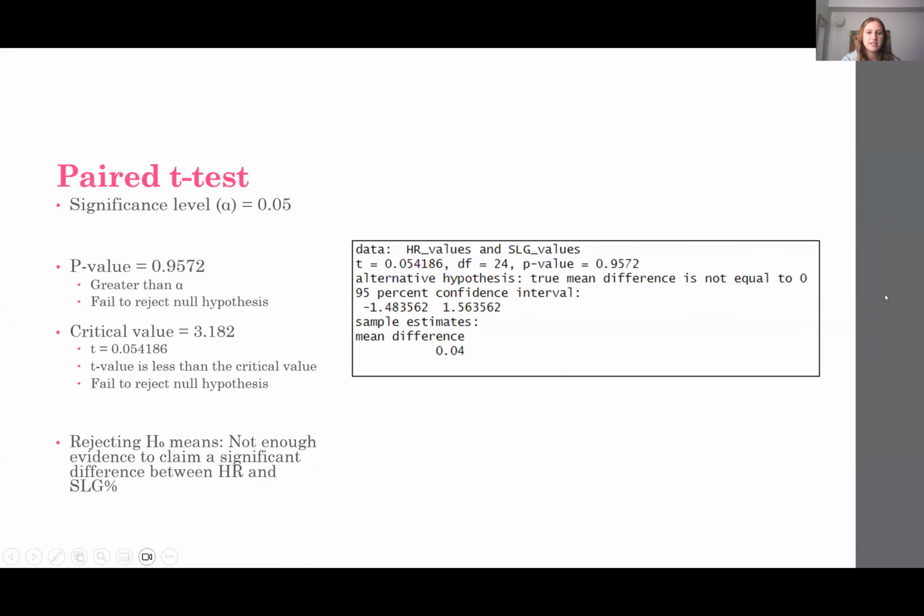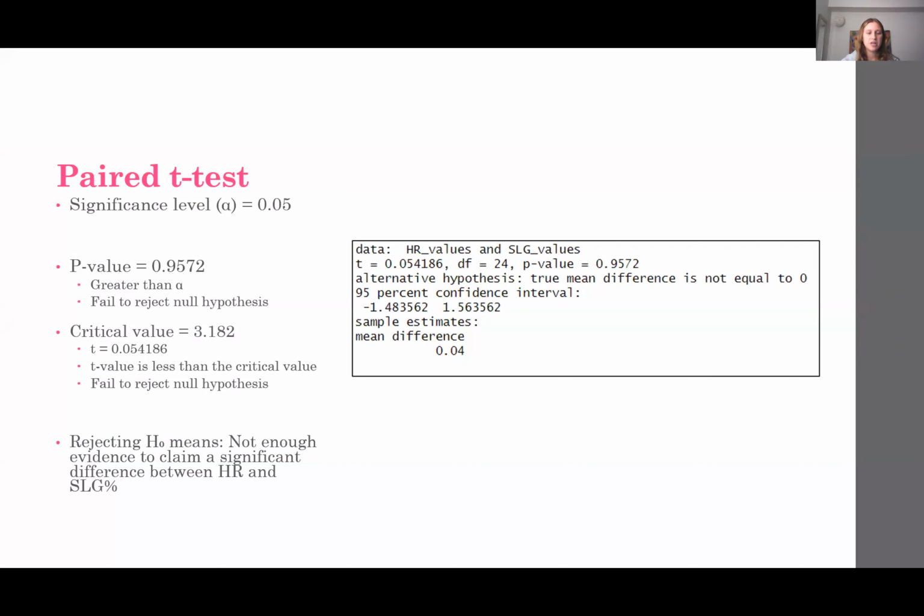So on the right here is the raw output of this, and analyzing it on the left, I chose a significance level alpha of 0.05. The p-value that the paired t-test put out was 0.9, which is clearly greater than the alpha of 0.05. So we failed to reject the null hypothesis.